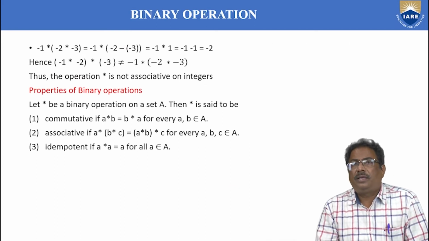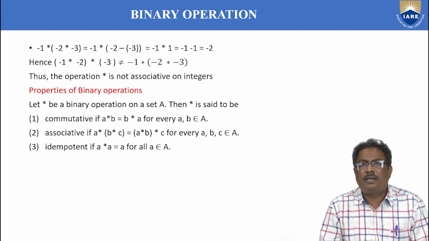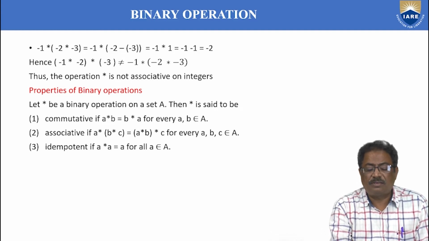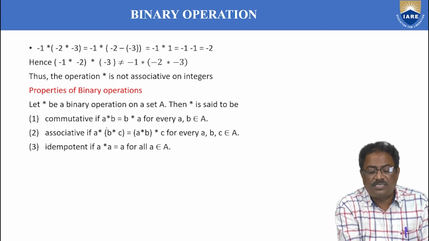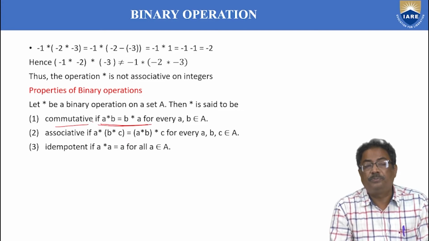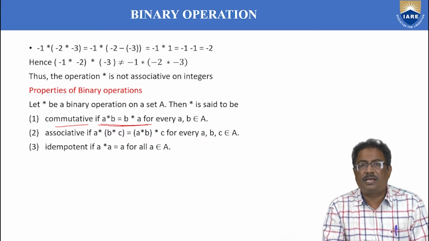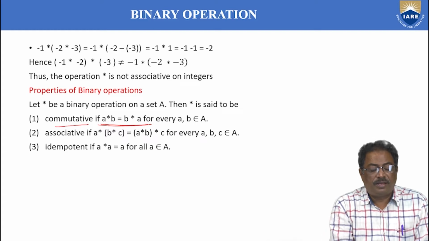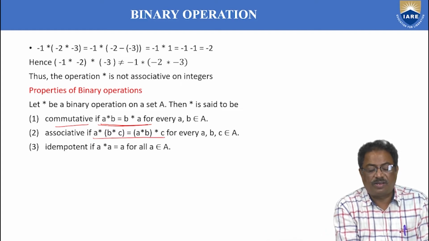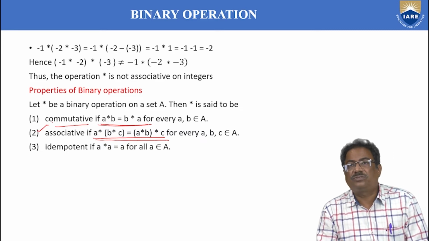So now, what are the properties of binary operators? Let us say star is a binary operator. If it satisfies this condition, then we can say that the binary operation is commutative. Whereas if this condition is satisfied, then the binary operation is associative.